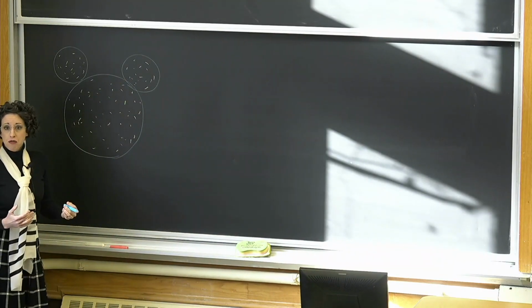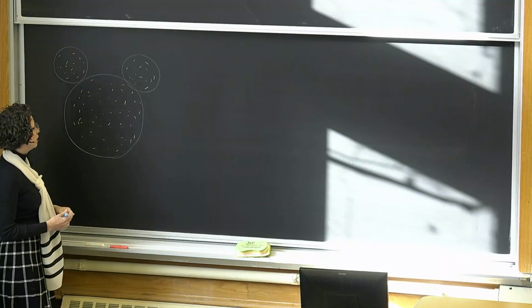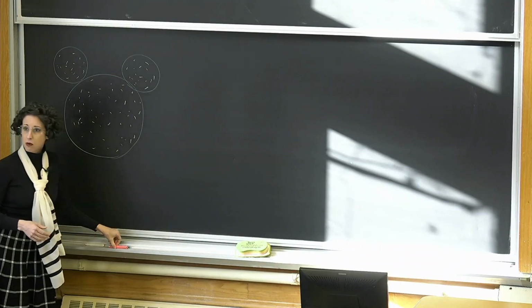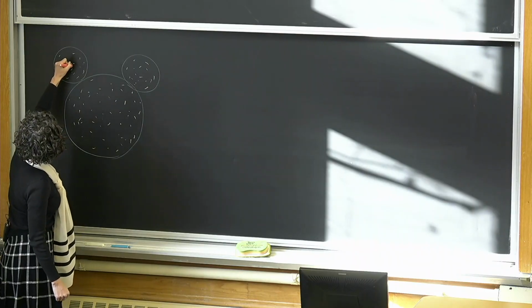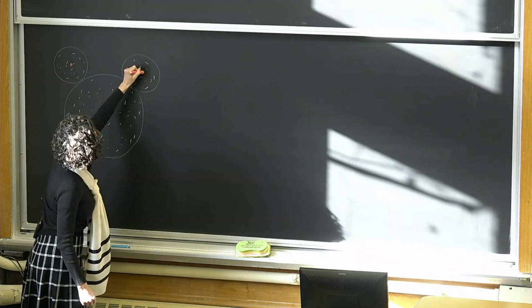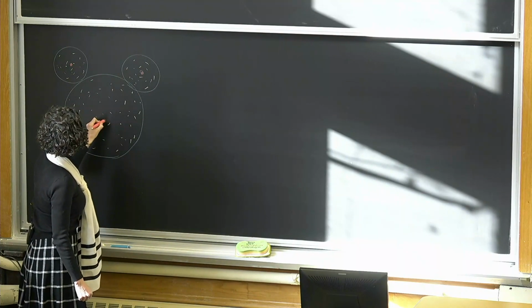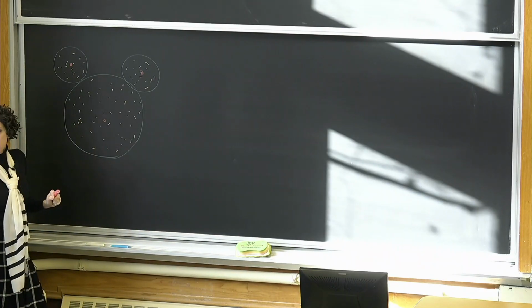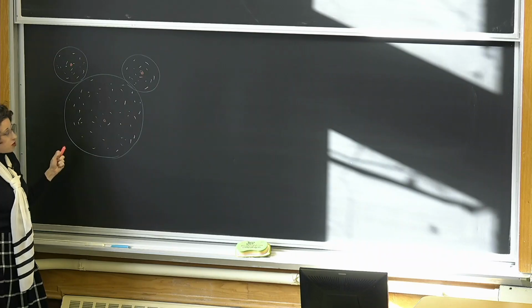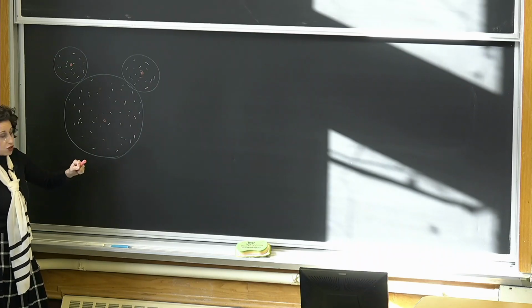But if we were to use k-means on this type of data, that's not what we would necessarily see. So imagine that our cluster centers are even at the centers of these different circles. Then we're assigning points to clusters based on which cluster center they're closest to.